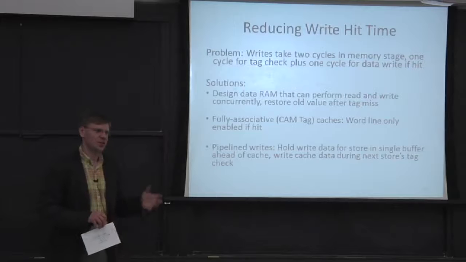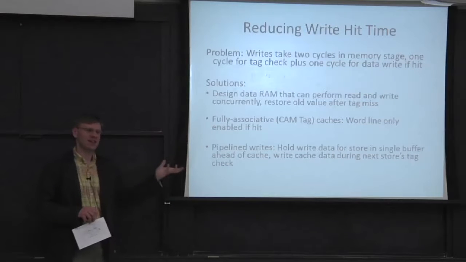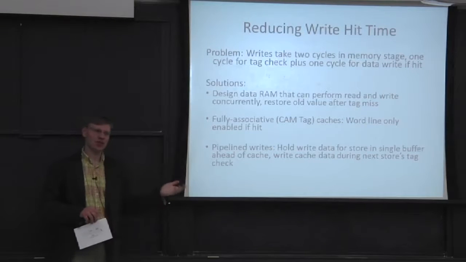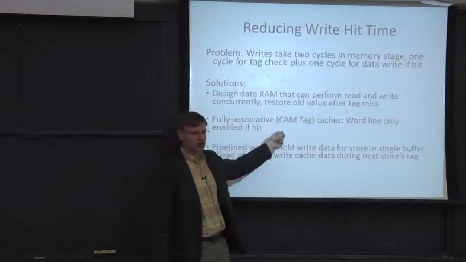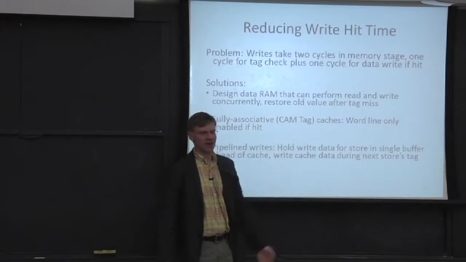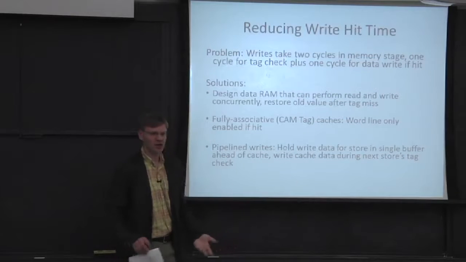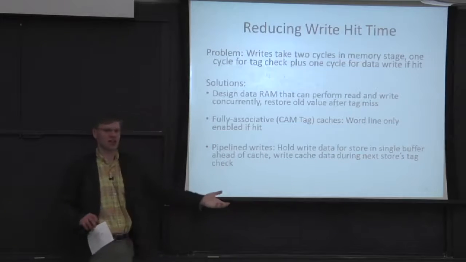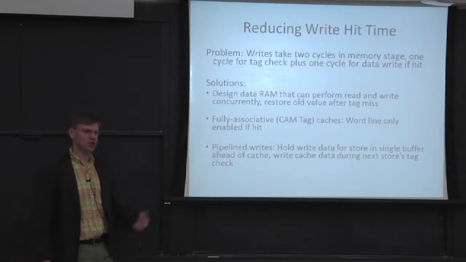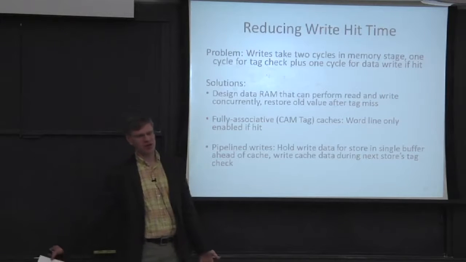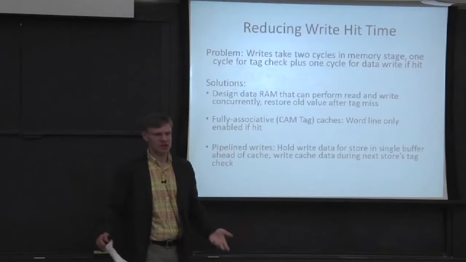Because you don't know where to find the data, there's no index operation. The index operation is the tag check or the CAM operation, the content addressable memory operation. You're basically doing it in parallel. Or you're basically doing the tag check to do the read anyway. And it doesn't really hurt you to sort of do the tag check first and then do the write.